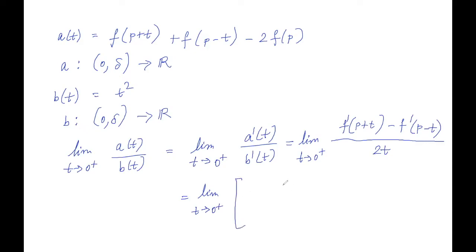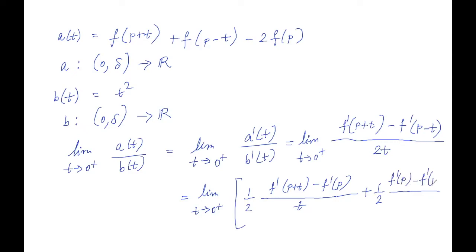So this will be equal to the limit as t tends to 0 plus. Now I'll add one f dash p and subtract one f dash p in the numerator, and basically divide it into two groups. That will become f dash p plus t minus f dash p by t, plus half of f dash p minus f dash p minus t by t.